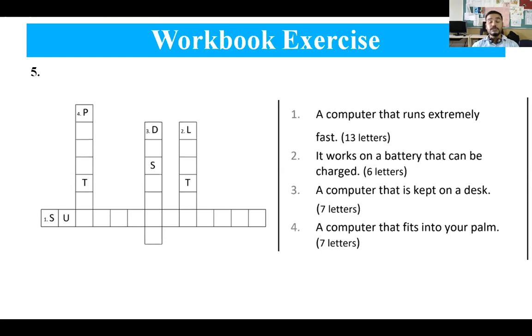So the spelling is given there, PERCOMPUTER. The second one is it works on battery that can be charged. What is the thing that works on batteries and can be charged and it is like a computer? So it is laptop. So A, P and O will come in between.